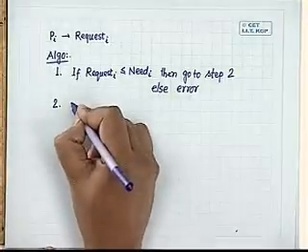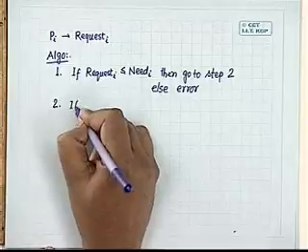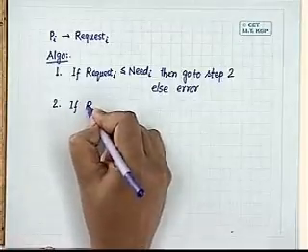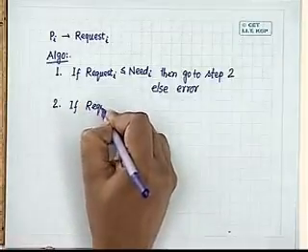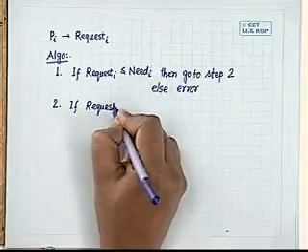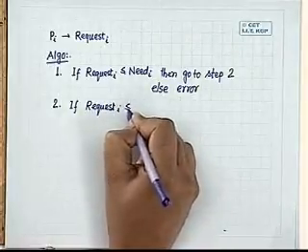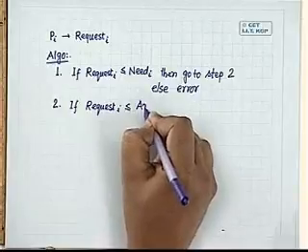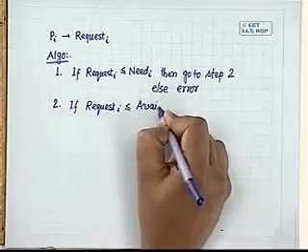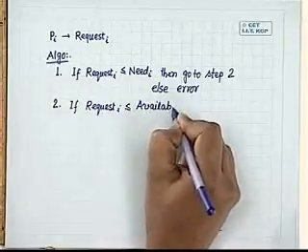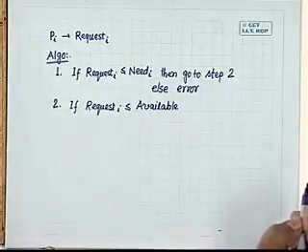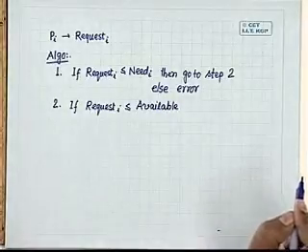So the second check that you have to make is if request I is less than or equal to available. As we said, available is a vector which indicates how many instances of which resource types are currently available.